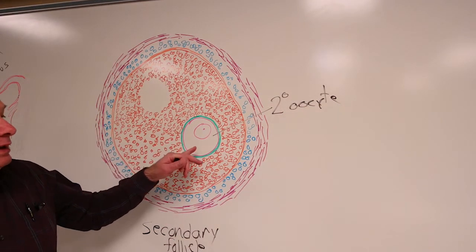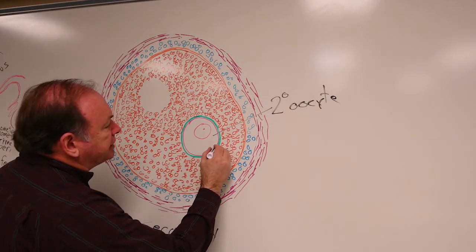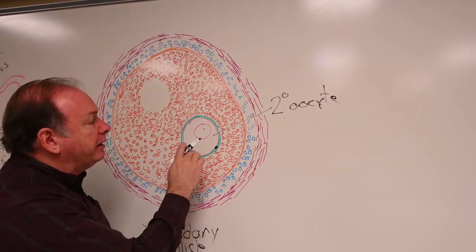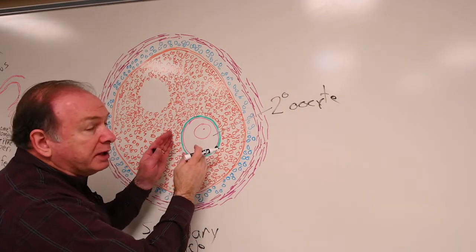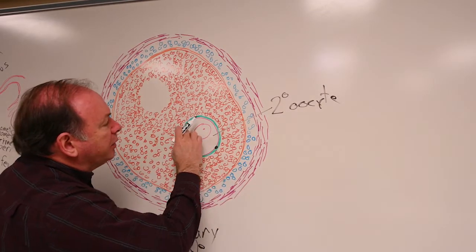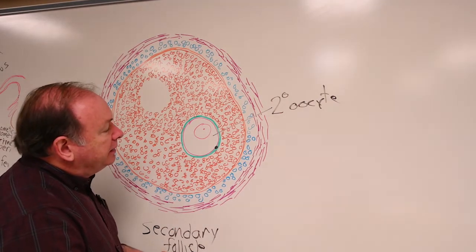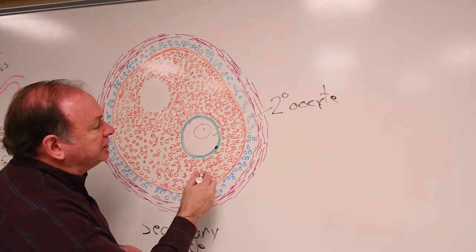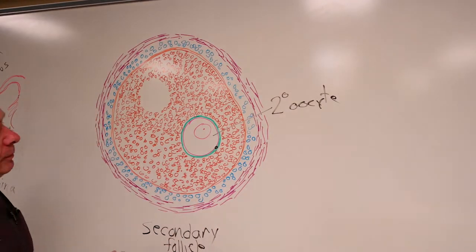In the process of that division, it produces what's called a polar body, which results in just a tiny packet of nuclear material that's discarded from the remainder of the egg cytoplasm here. So instead of dividing into two equal cells, we keep one large cell and just get rid of that extra bit of nuclear material in that nuclear division process. And that's called a polar body. It's our first polar body.